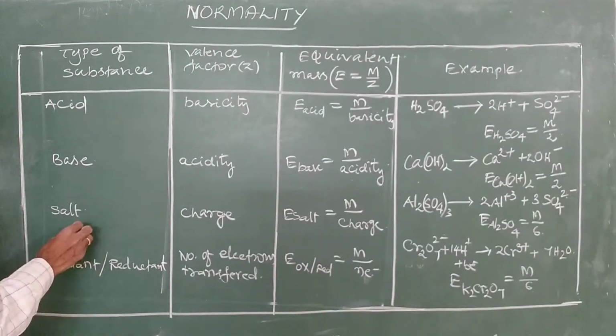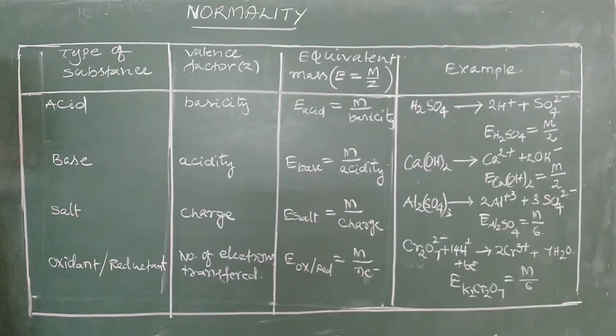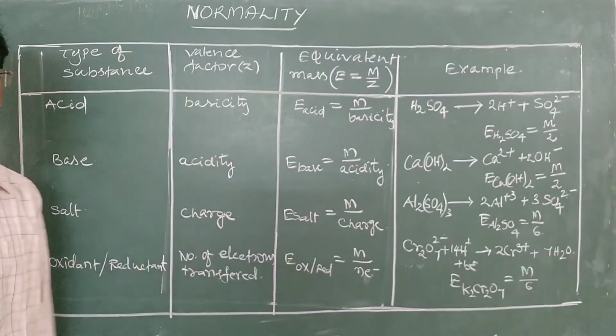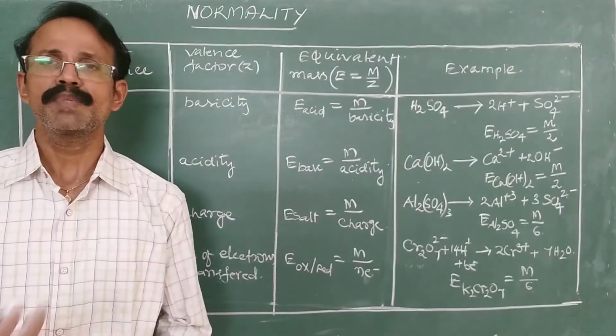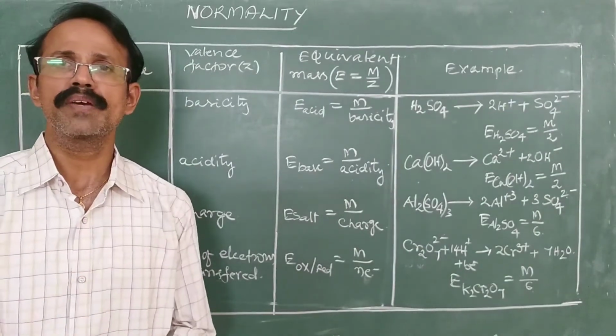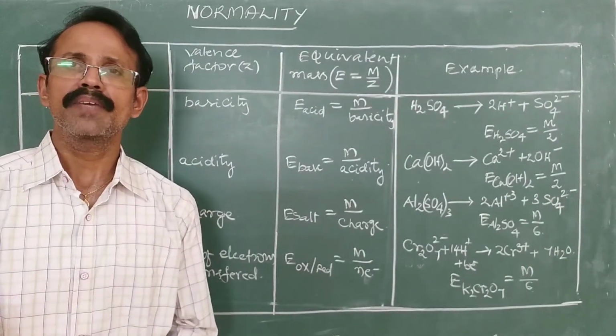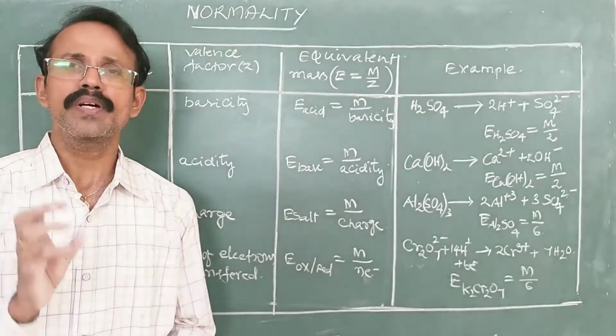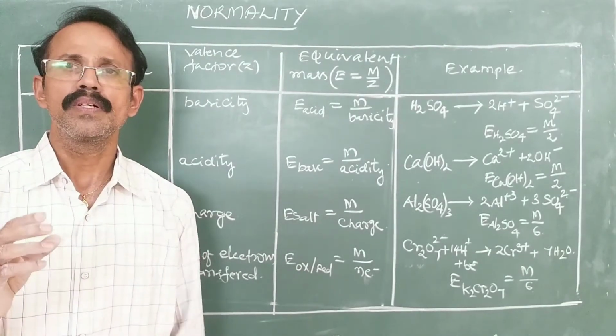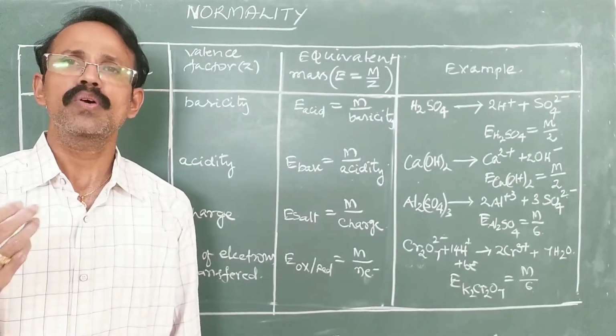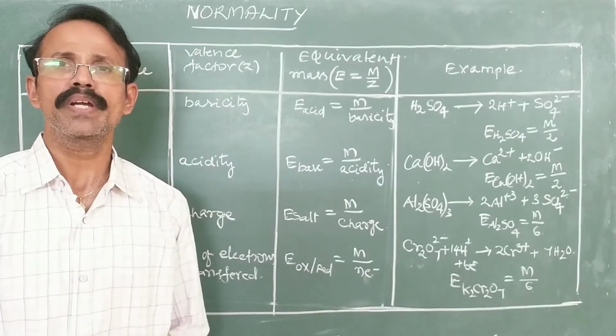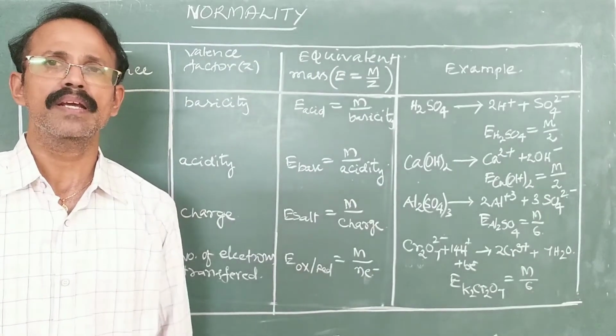For salts, the valence factor is equal to charge. Charge means the salt ionizes to give positive and negative ions, and the total charge of cations or the total charge of anions we have to take as the valence factor for calculating equivalent mass.